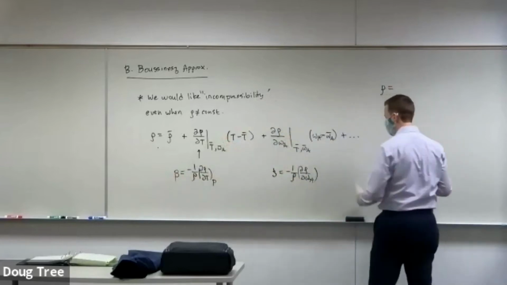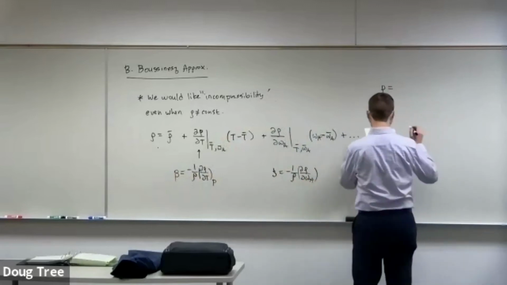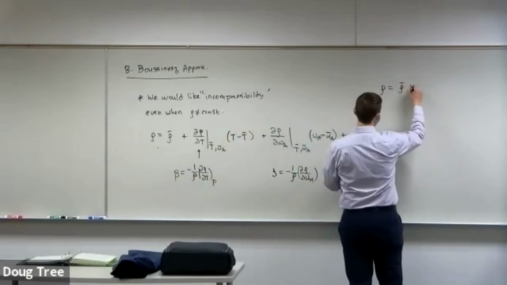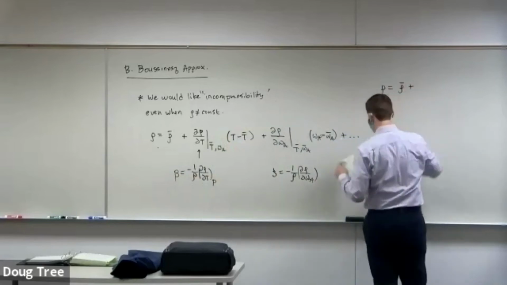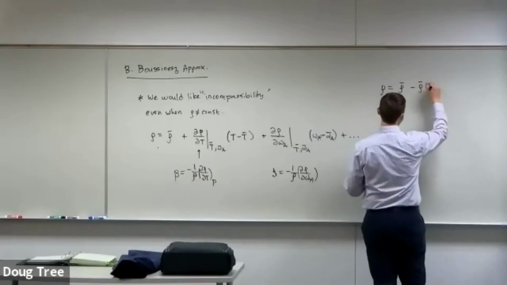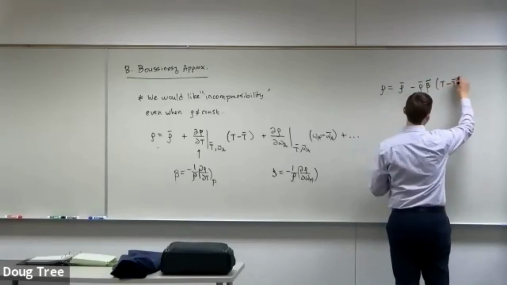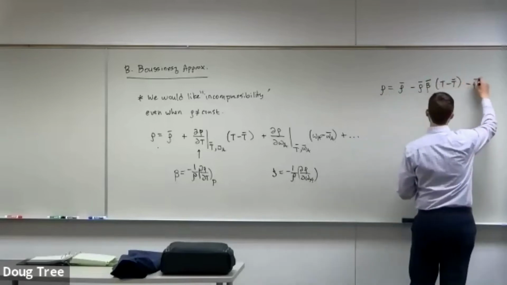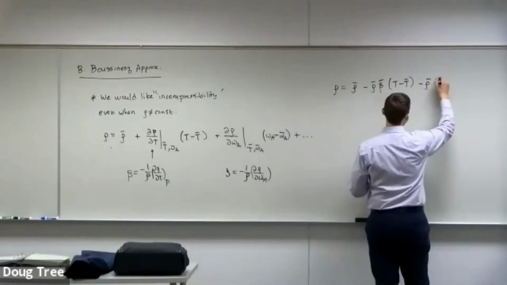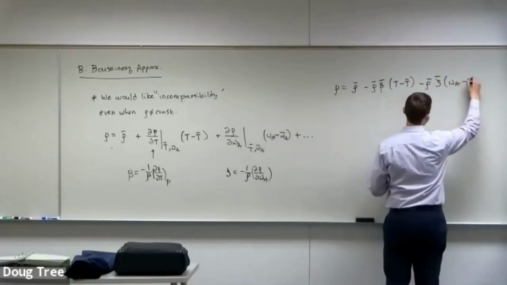I'm going to evaluate them at rho bar, okay? So I get rho is rho bar minus, because I have a minus sign, rho bar beta bar (T minus T bar) minus rho bar zeta bar (WA minus WA bar).